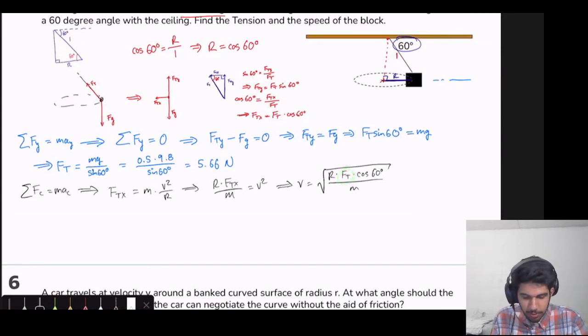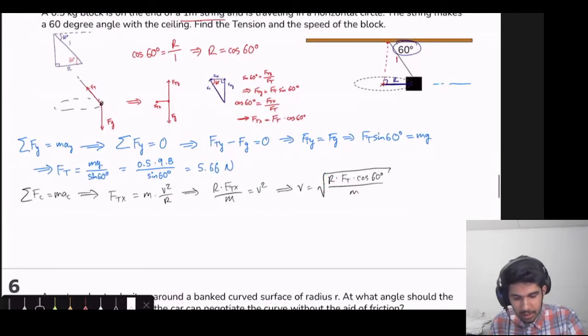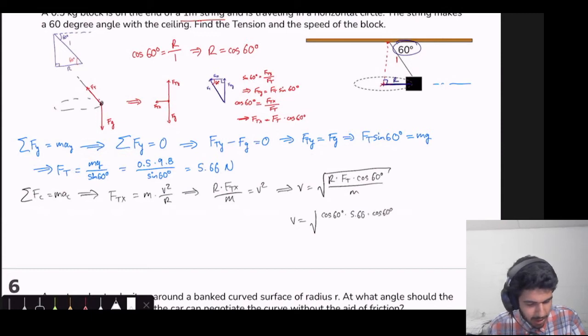Ft, we just solved for it, that's 5.66. m, 0.5, we were given that. r, we solved for to be cosine of 60 degrees, so we just plug in everything. v equals the square root of r, which is cosine of 60 degrees, times 5.66 times cosine of 60 degrees, all of this over 0.5.